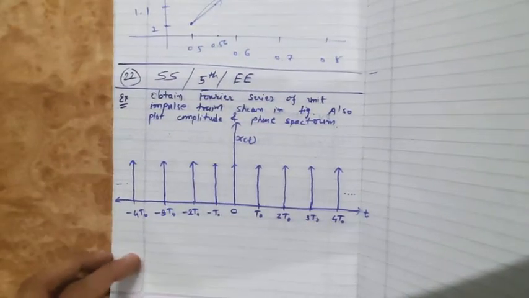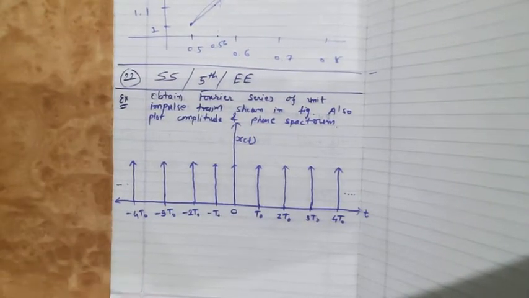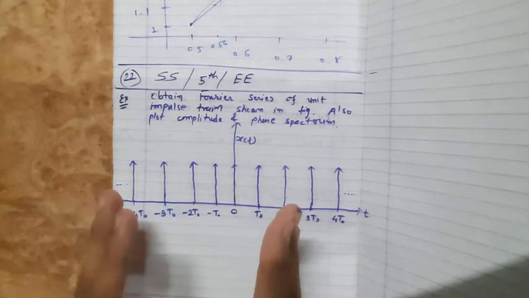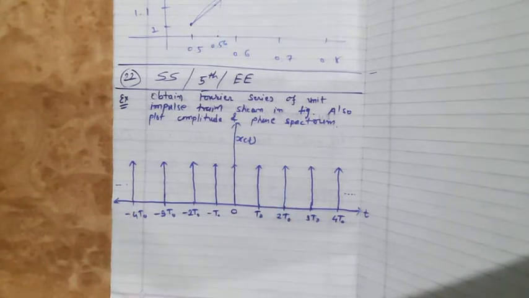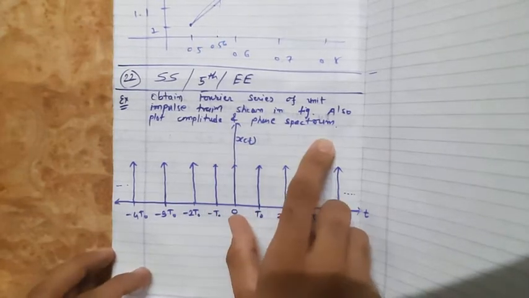Based on that, we will now proceed to one more example. This is a really important example, both from the exam point of view and from the fundamental understanding point of view. The example: obtain the Fourier series for the unit impulse train shown in the figure. Also plot the amplitude and phase spectrum of the same.